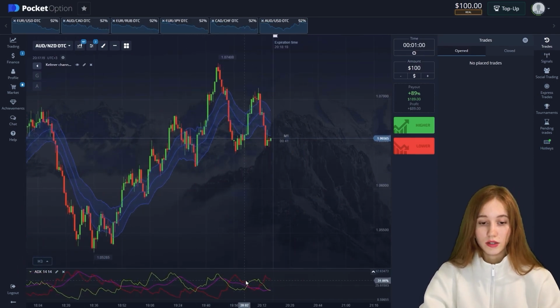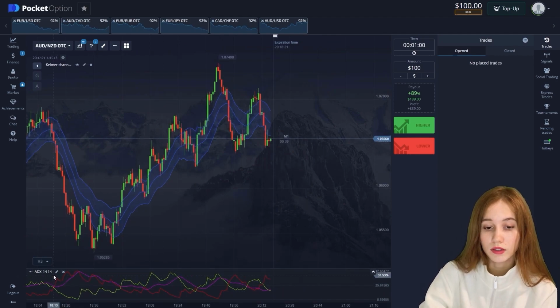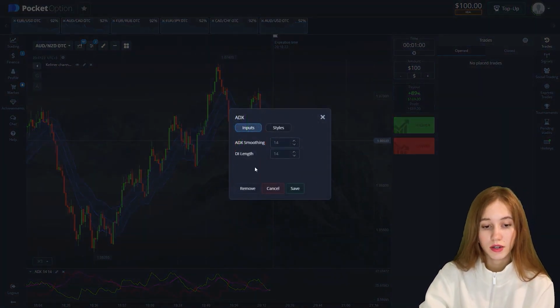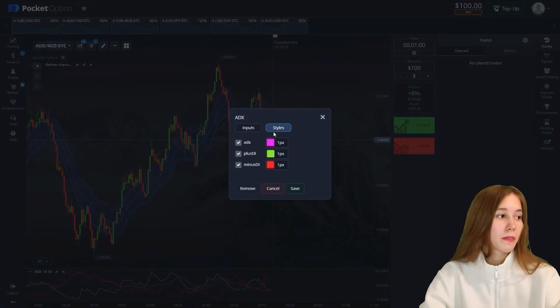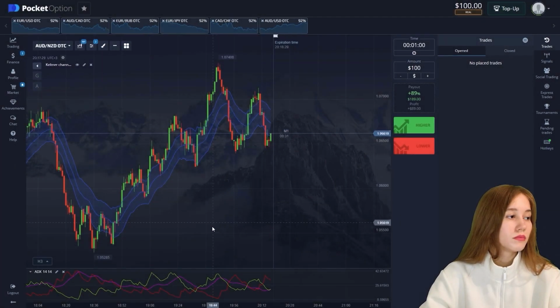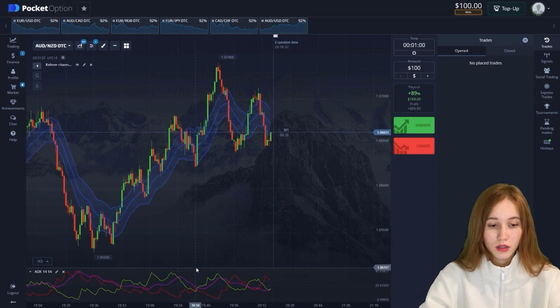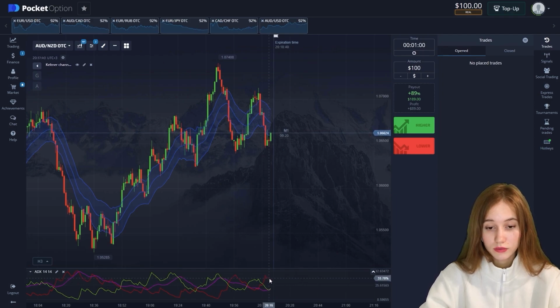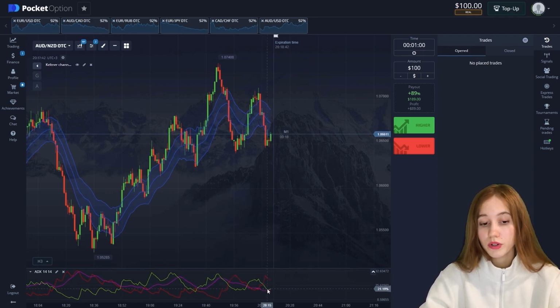So the second indicator is ADX, located at the top of the screen, and these are the settings. So it's plus DI and minus DI, green and red.